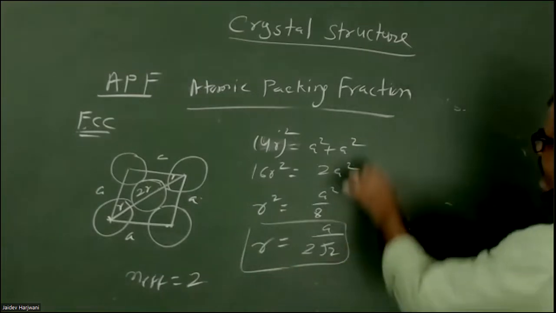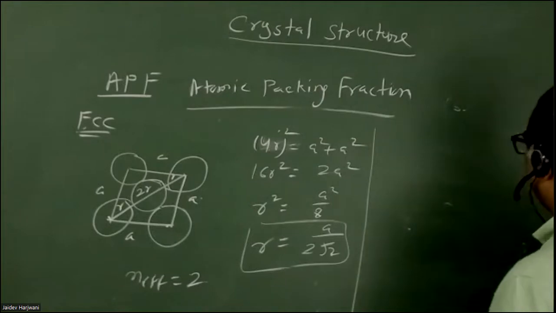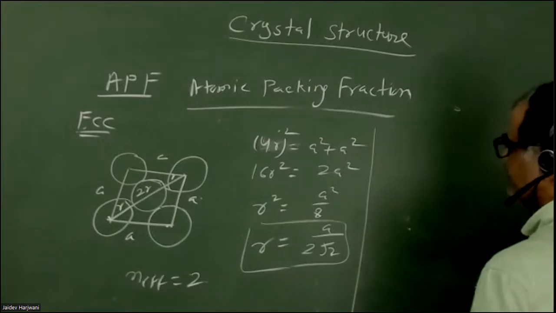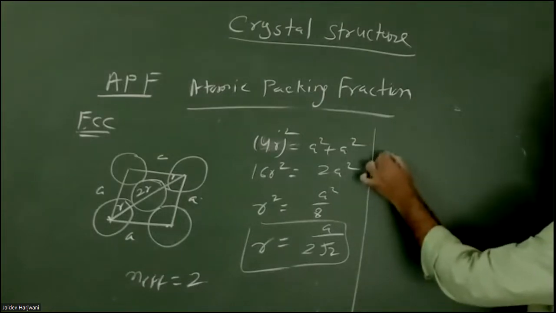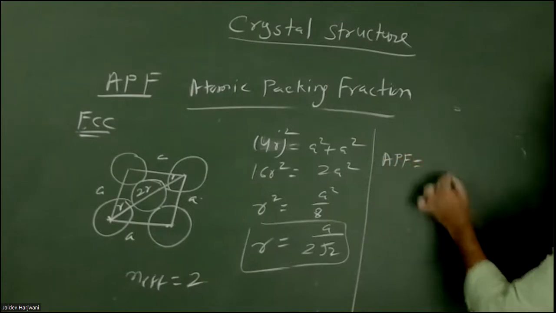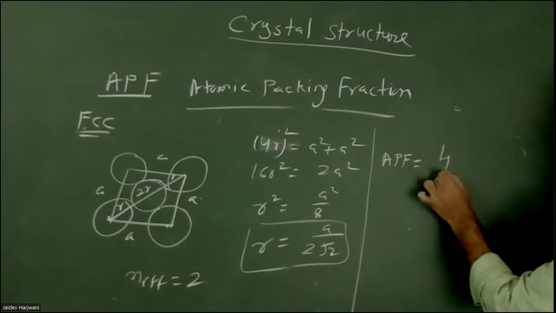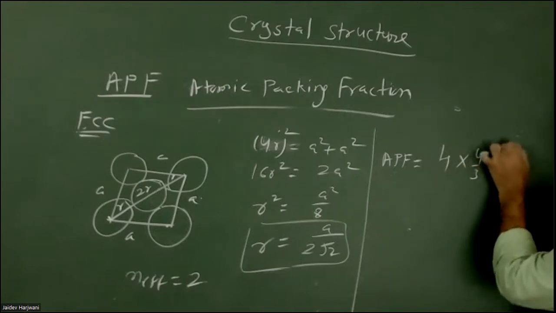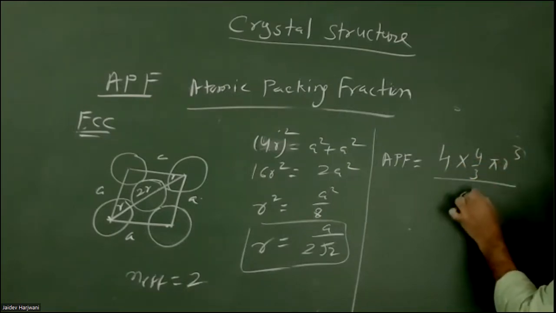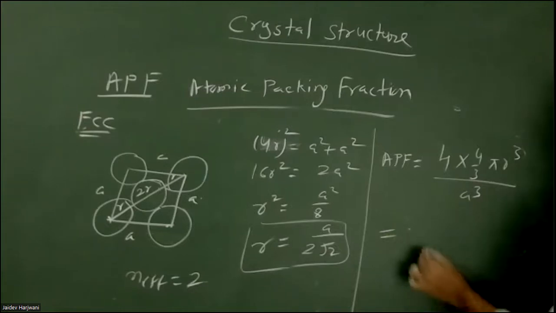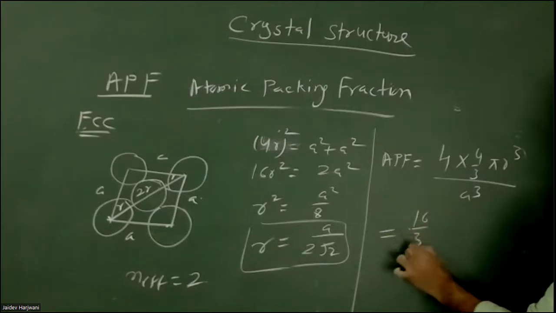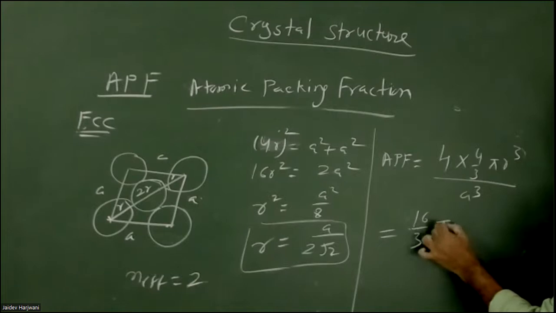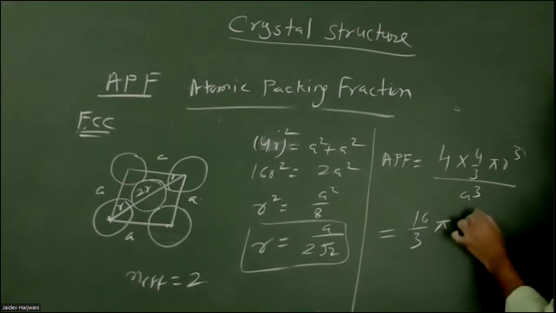Okay, now I can calculate your packing efficiency. Atomic packing fraction is, there are four effective atoms, and 4/3 pi R cube, upon A cube. So this will give me 16/3 pi R cube upon A cube.